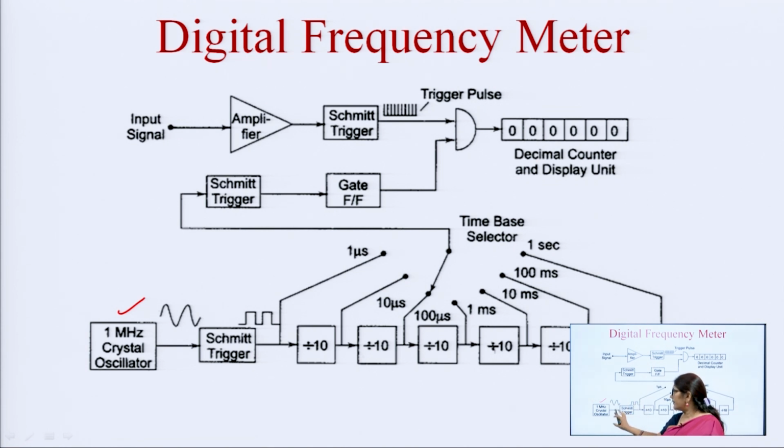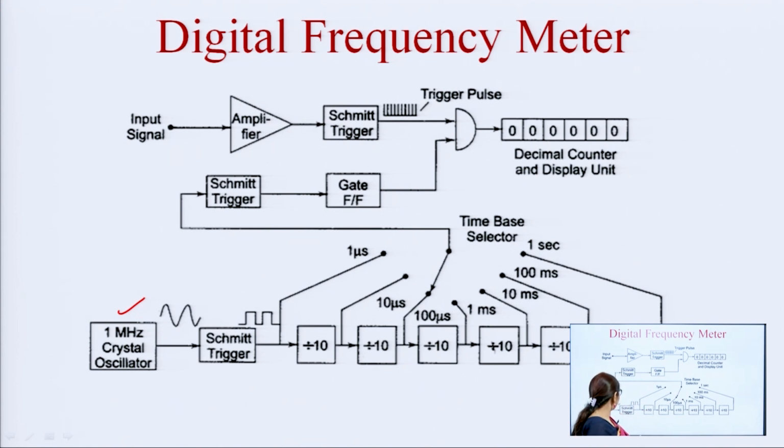Then this frequency is high, and when we want to measure low frequency signals, we have to divide it by 10. So, there are many time-base selector switch ranges, and there are ranges of frequency that we can measure.